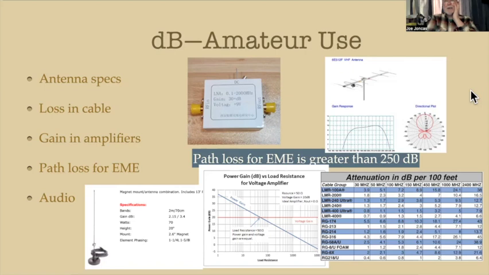And dBi is a reference, so it's referred to the gain over an imaginary antenna. I know, it's crazy. But somebody did it, right? And so everybody else had to copy it so they could keep up with it. Because the difference between dBi and dBd, for dipole, I think is 2.3 dB, somewhere around there. Thank you, Daron.